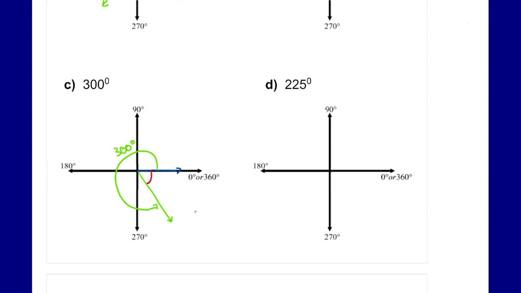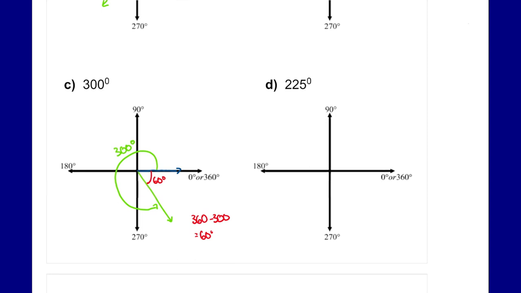To determine that, 360 minus 300 equals 60 degrees. So this angle here is 60 degrees. Keep in mind, it's just the reference angle. So even though you might think it's going counterclockwise, we're not doing that. We'll talk about that in a later lesson or example. We're just looking at the angle between the x-axis and the terminal arm in this direction.